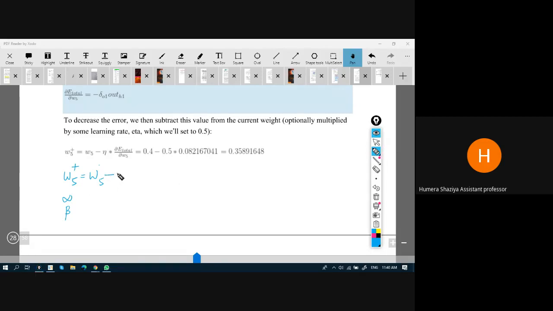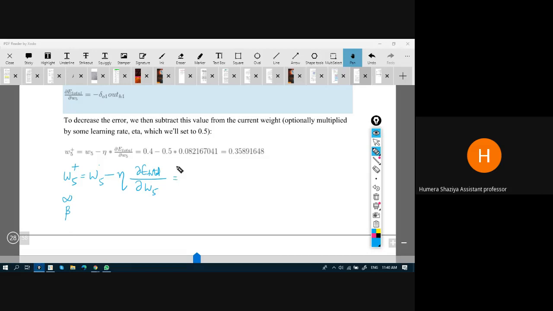So minus eta, the learning rate, times del E total over del W5, the total loss with respect to weight W5.